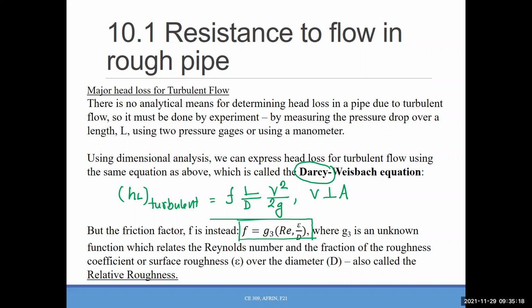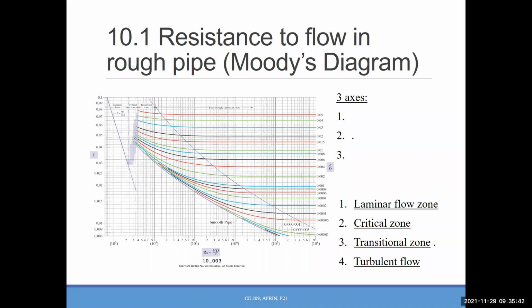Okay, so these are the equations, and now the thing is, we can measure L, we can measure velocity, we can measure everything except what? Friction factor, f, right? So now the next task is, how can we calculate the friction factor? That's what we will see.